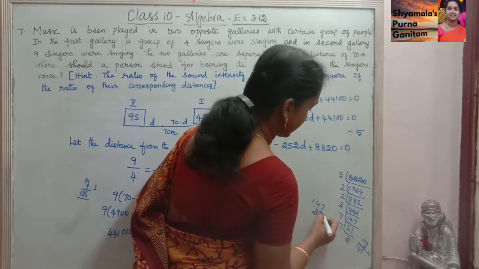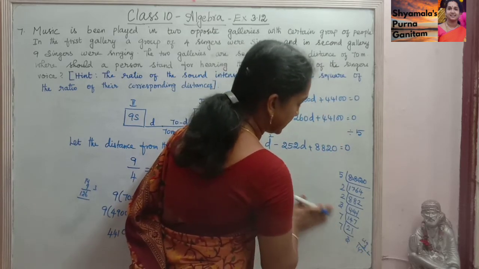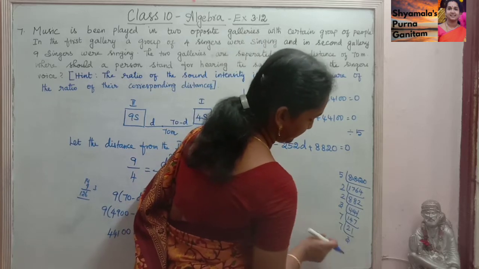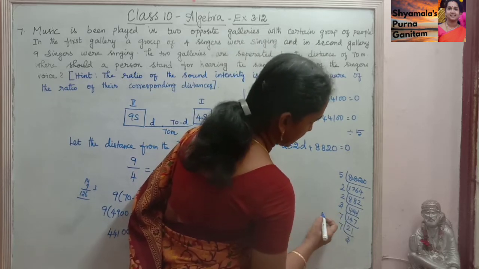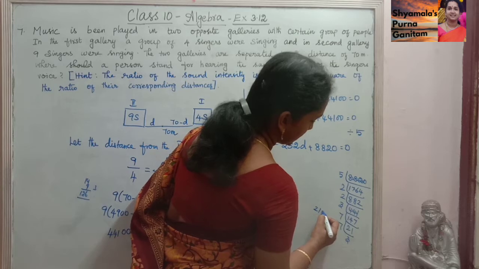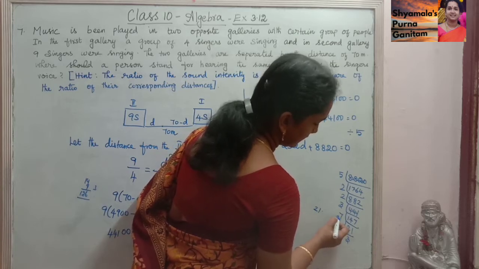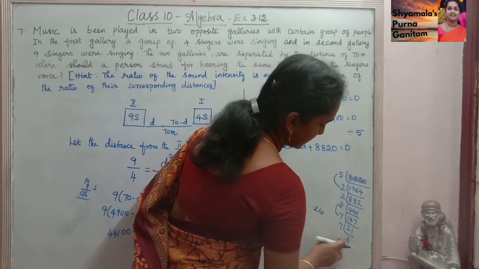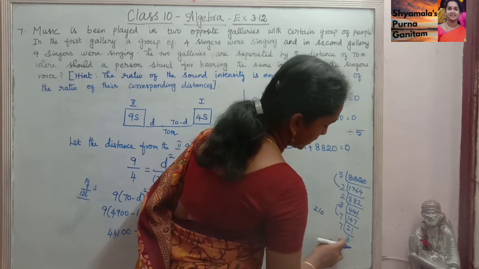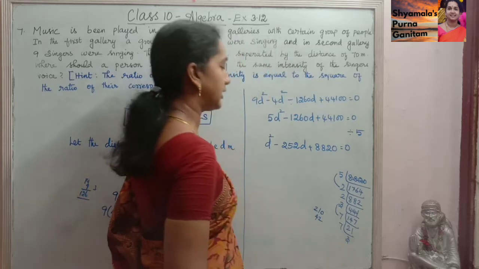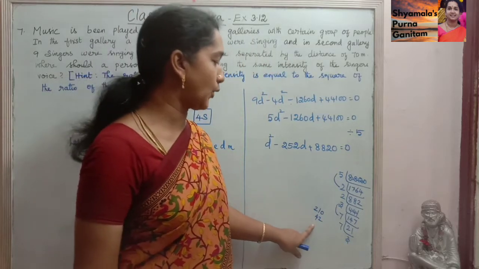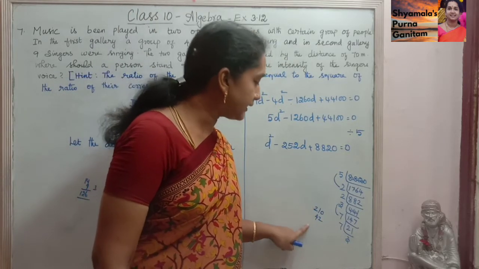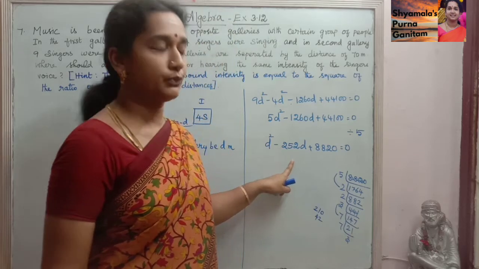So 147, and with this one we won't get it. Then 7 3s are 21, 5 2s are 10, so 210. Then 3 2s are 6, 6 7s are 42. Yes, we will get it. So 210 and 42. When we add these two numbers, we will get 252.